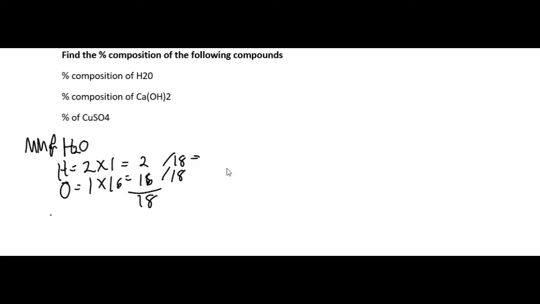So 0.11. Now, we have to multiply this by 100, and we'll have 11%. And then 16 divided by 18, that's 0.88, times 100, therefore 88%.